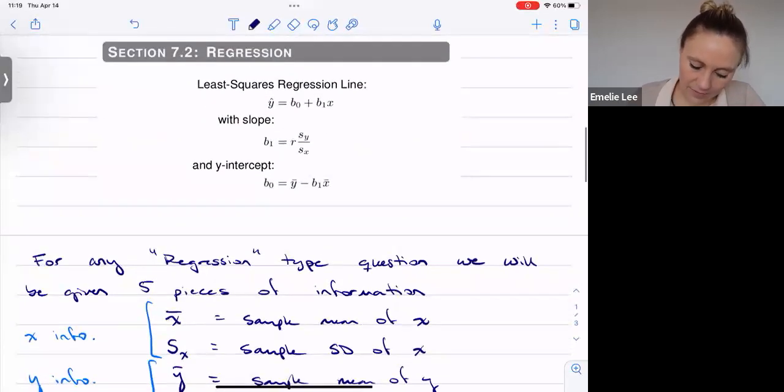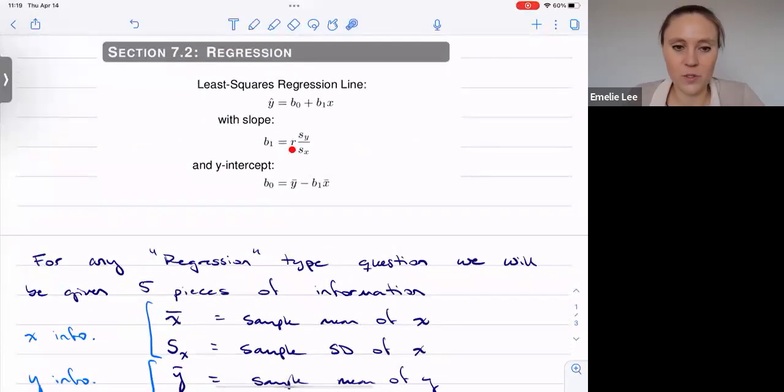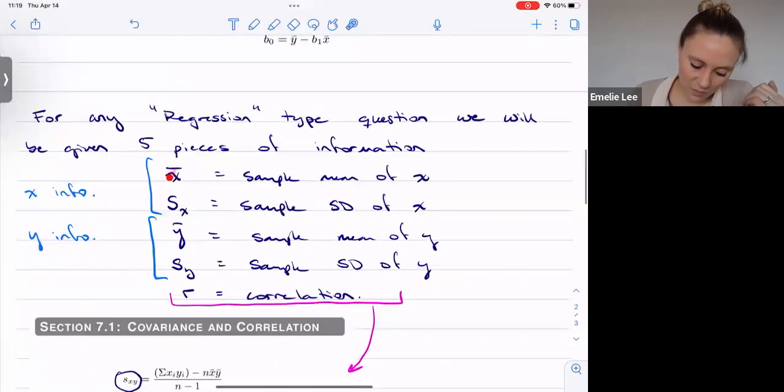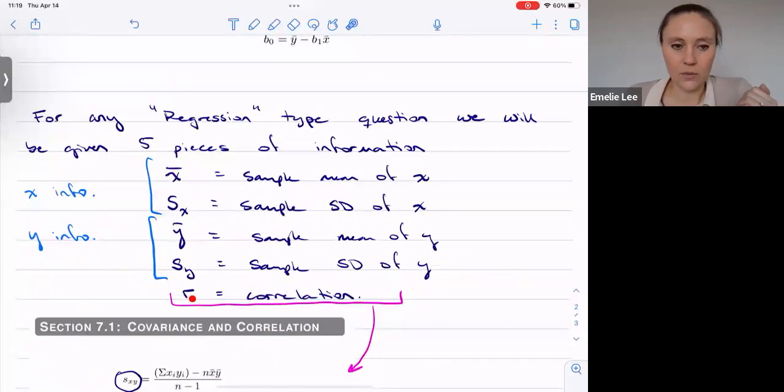So what we're going to be able to do is find the slope, and the reason we find the slope first is because we actually use it in calculating our y-intercept. Given these pieces of information, we can find the slope.